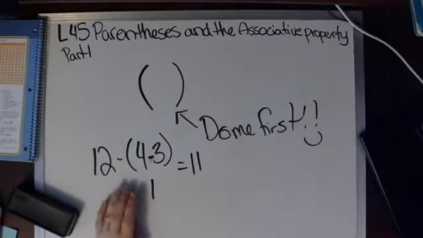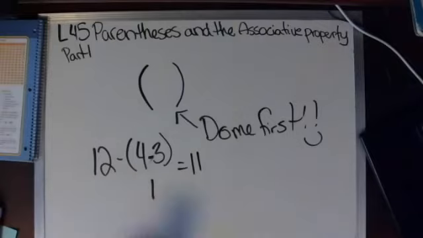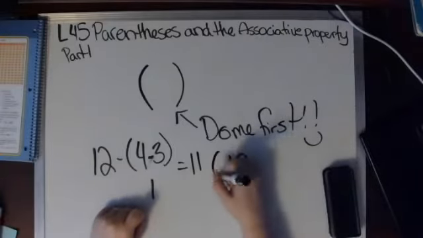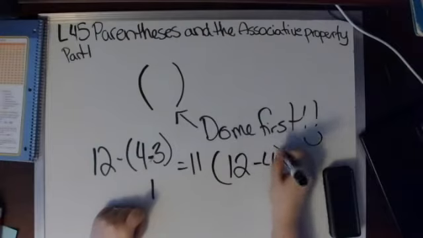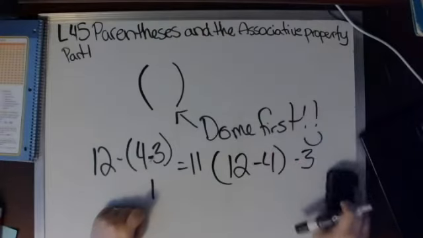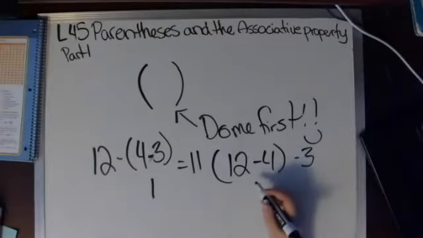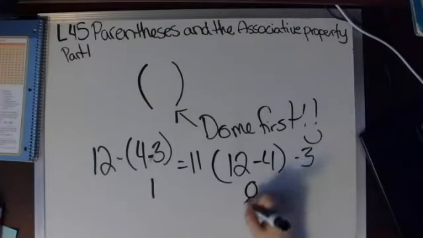Now, depending on where these parentheses are, changes things up a little bit. If the parentheses were here, like this, you're going to get a completely different answer. 12 take away 4 is 8.